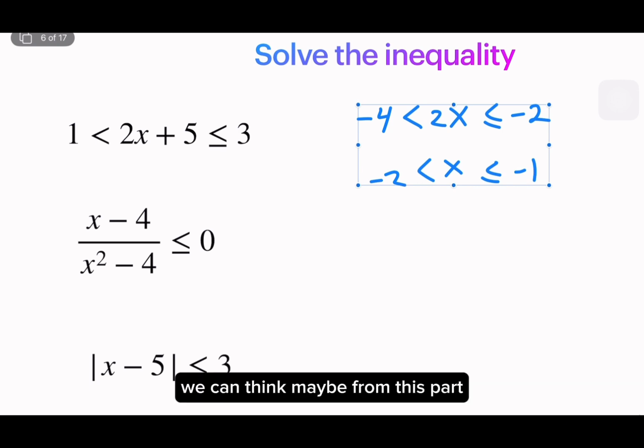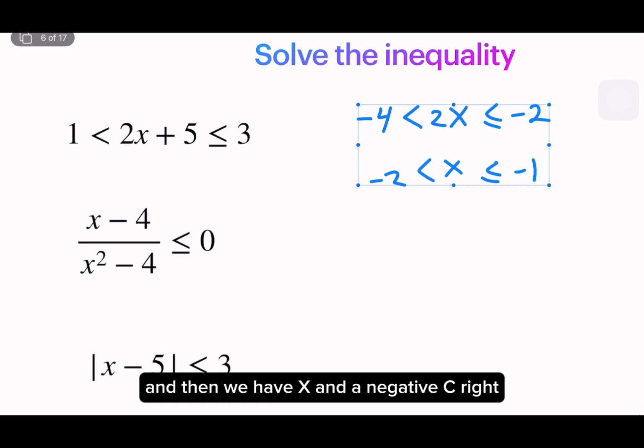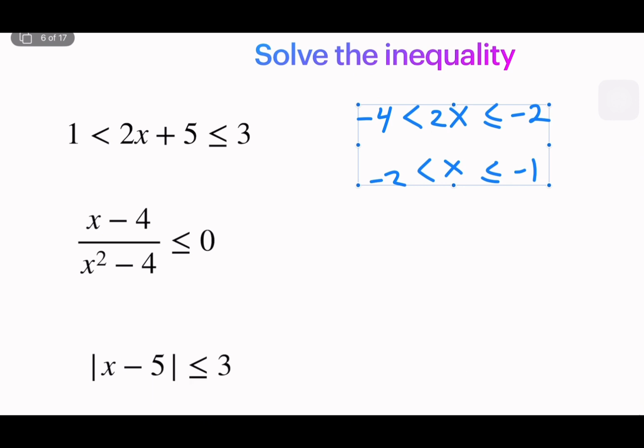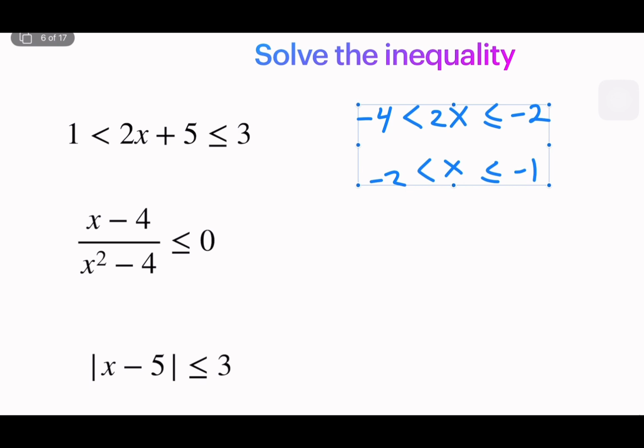We can think maybe from this part, and then we have x and then negative c, right? So since it's negative, it should be that. So we need to correct this. So I think number 3 is okay, right? So we can just write like this. Okay, number 2. Get number 2.